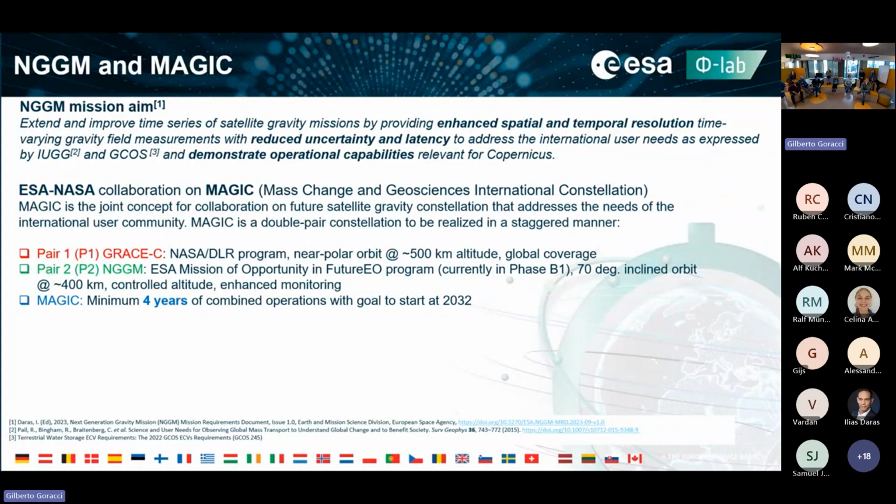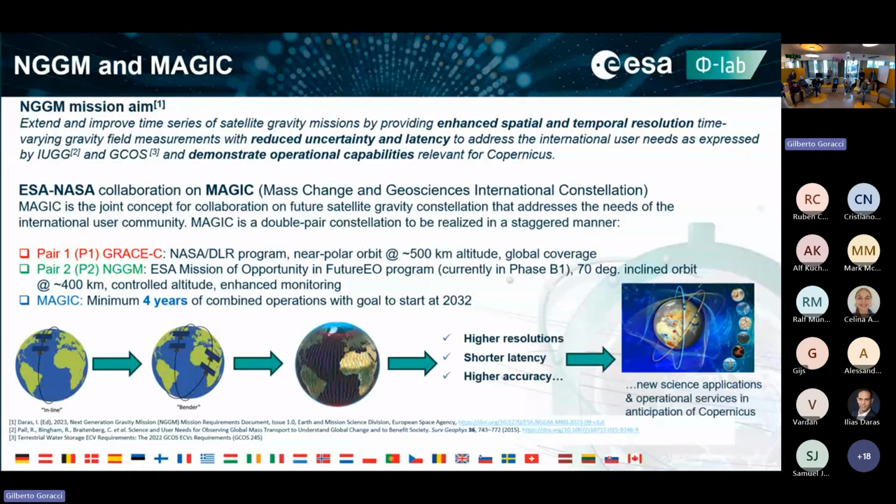Works in a near-polar orbit as a global coverage, while the ESA mission is the NGGM pair, which will be sent to space in an inclined orbit and will improve a lot the monitoring of the gravitational field variation. The joint combination of these two pairs is the MAGIC constellation, and we expect at least 4 years of combined operation of GRACE-C and NGGM, hopefully starting in 2032.